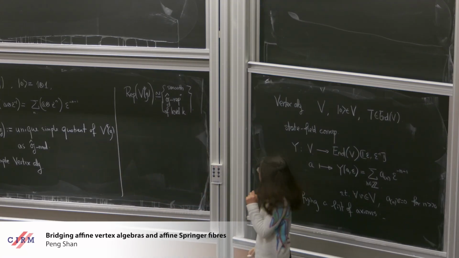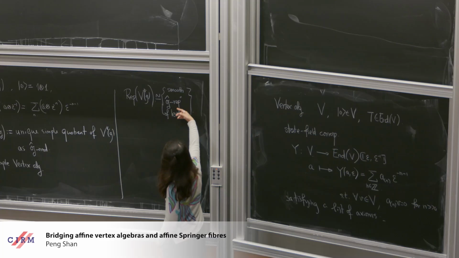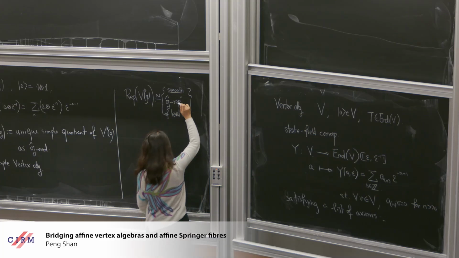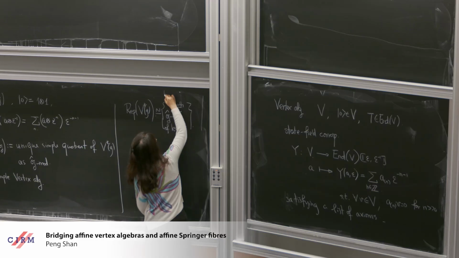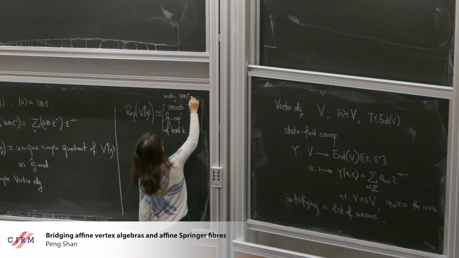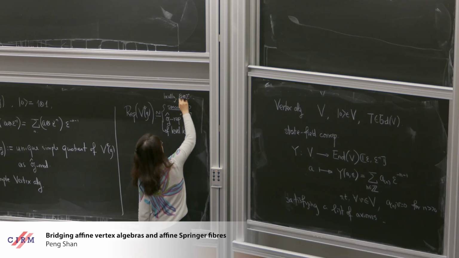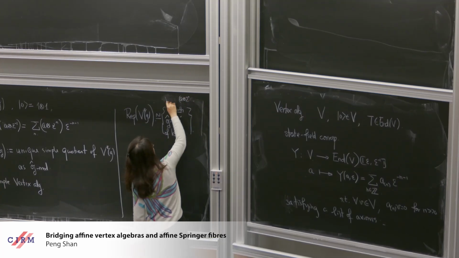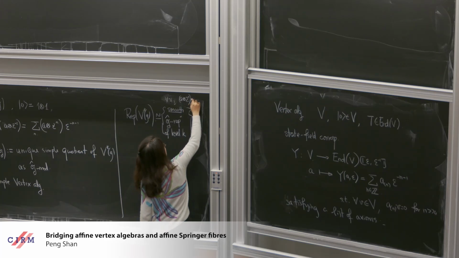Okay. So a smooth representation just means a vector space such that, locally, a times z^n x goes to 0 as n becomes large. For any vector, this is 0 for n large enough.